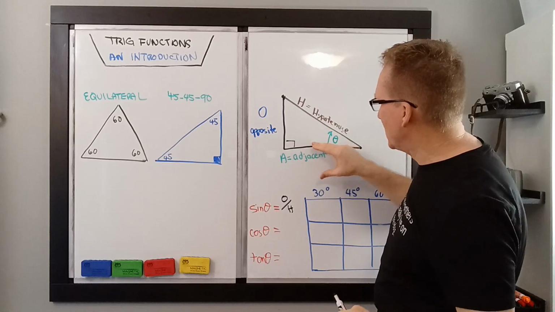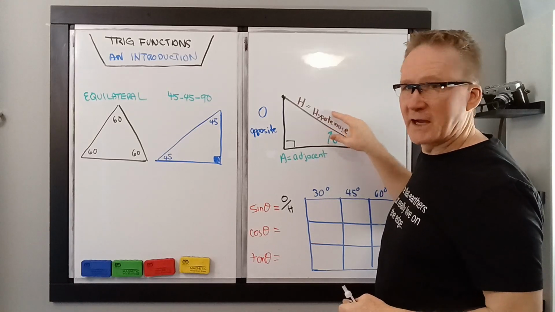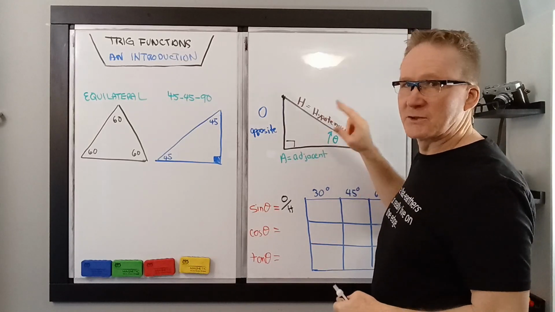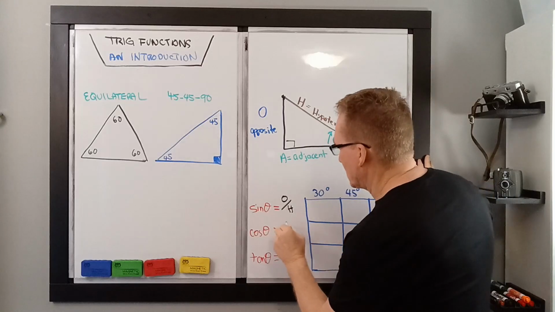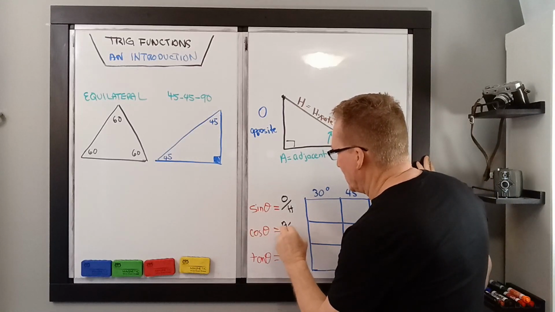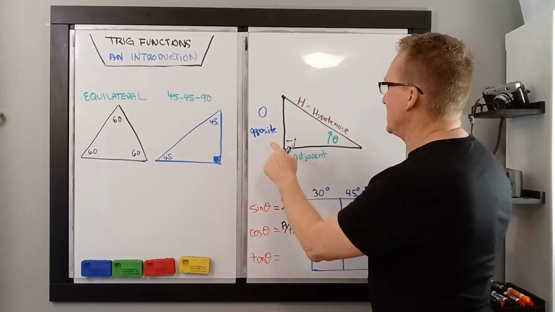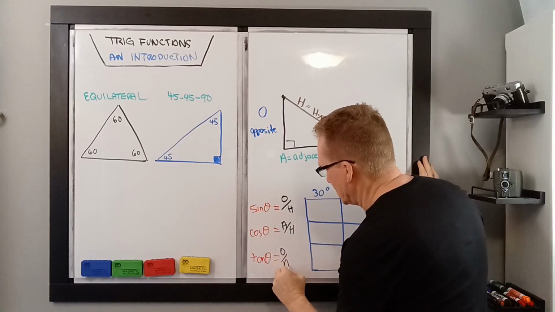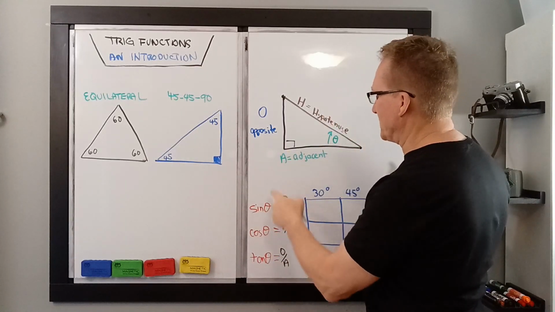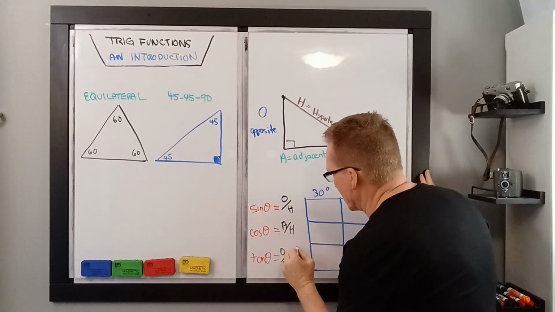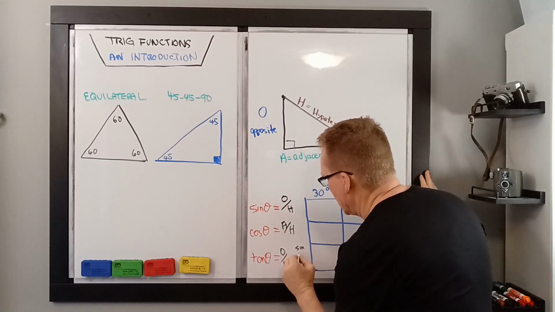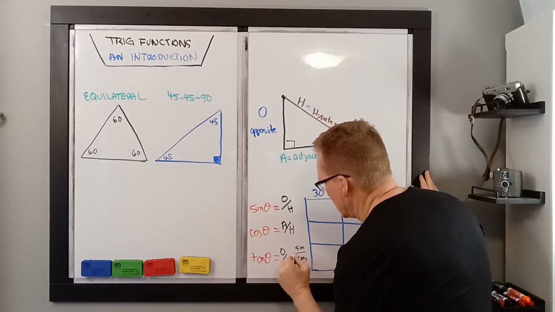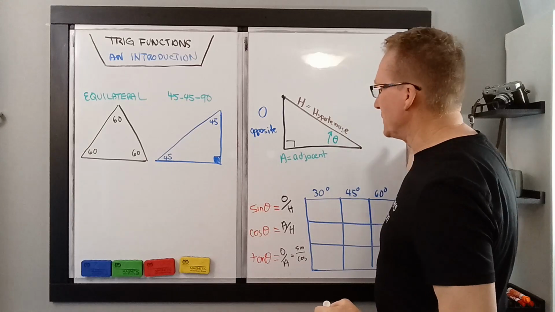Now, of course, there are two adjacent sides, but the longer side, the one that's opposite the 90 degrees, is always called the hypotenuse. So the cosine is the adjacent over the hypotenuse, and then the tangent is the opposite over the adjacent, or some people just remember it as the sine over the cosine. I'm just going to write that in here really tiny, sine over the cosine. You can do this either way.